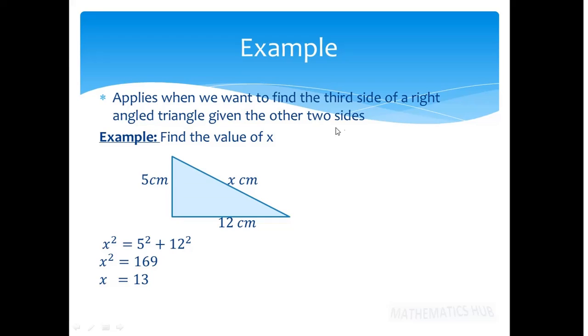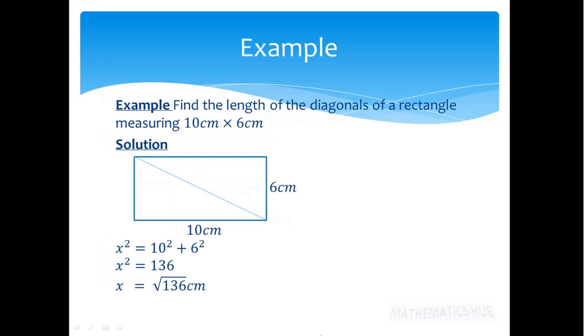So we use the Pythagoras theorem when we have two sides that are given and we want to find the third side. Let's look at another example. It is saying find the length of the diagonals of a rectangle measuring 10 centimeters by 6 centimeters.